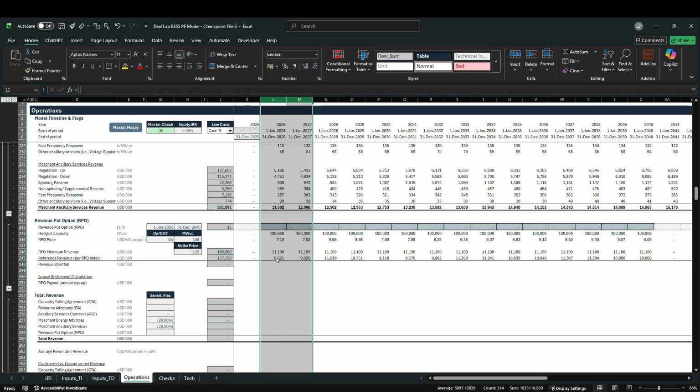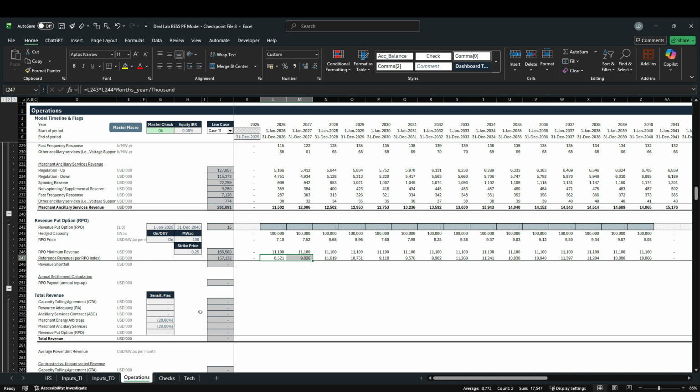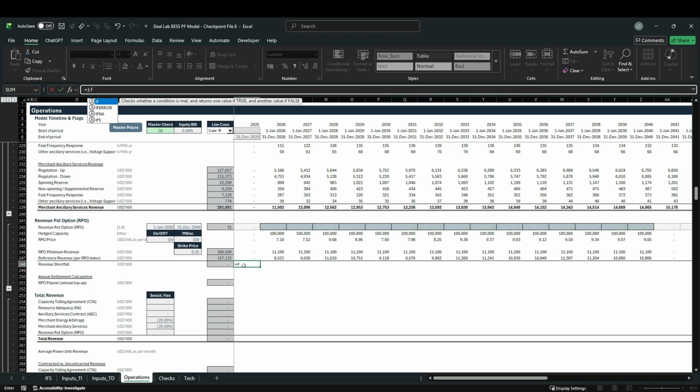Our expected revenue is actually below our minimum revenue, which means we have to model our revenue shortfall, and this is going to equal to if our reference revenue in row 247 is smaller than our minimum revenue in 246, then, comma, we want the minimum revenue minus our reference revenue, so that we receive a positive number.